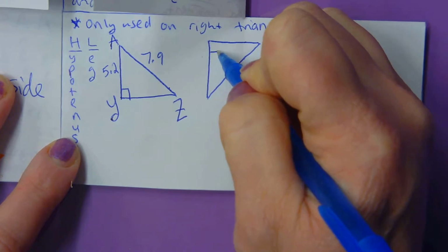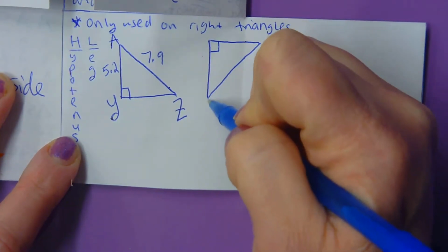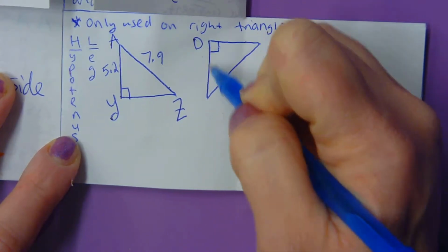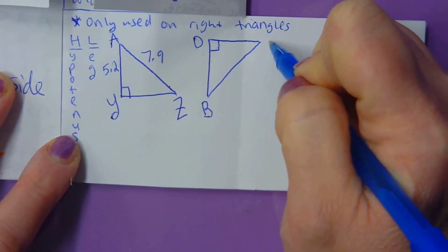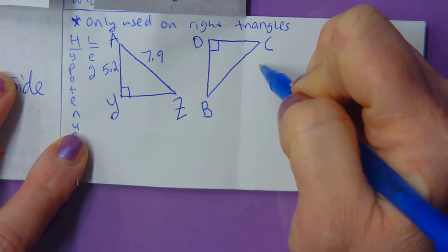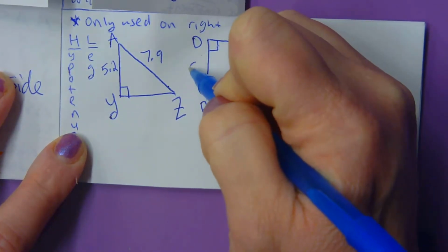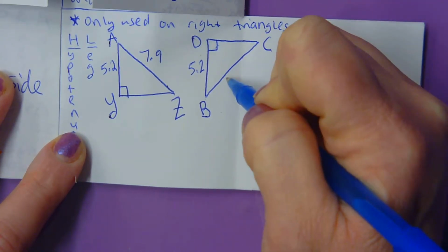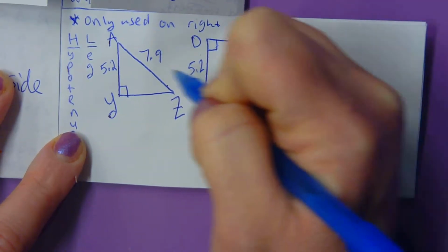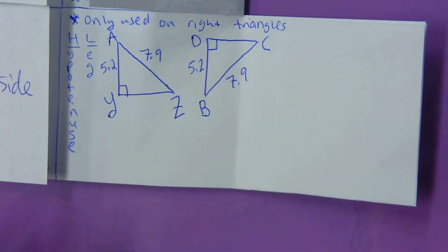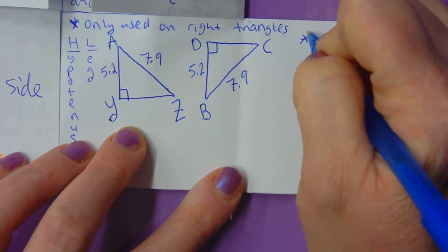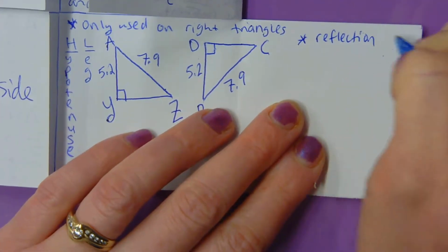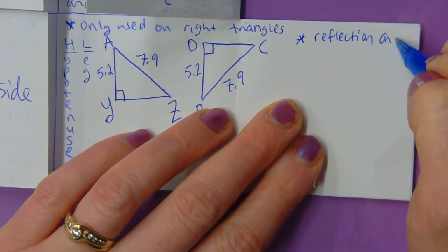So the right angle now is on the top, and this right angle is going to be angle D, B, and C. And so from DB, this is 5 2/10, and our hypotenuse is going to be the same, which is 7 9/10. And so remember, this was a reflection and rotation.